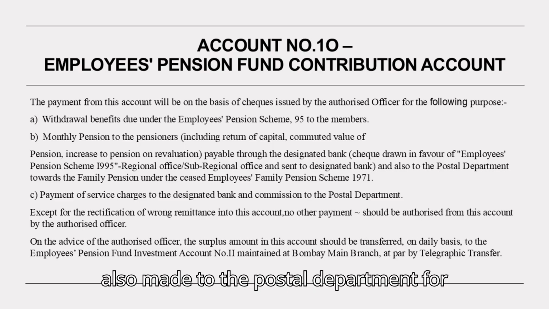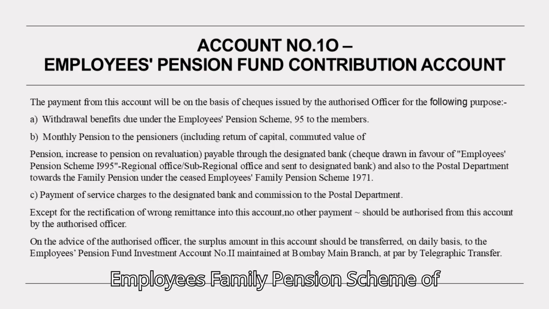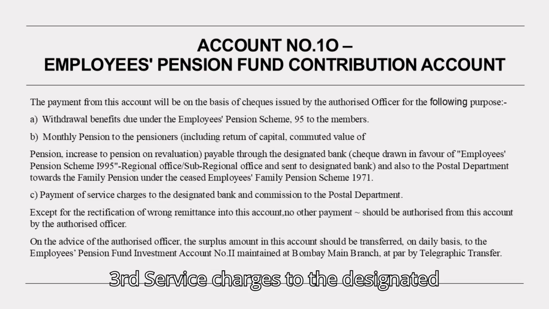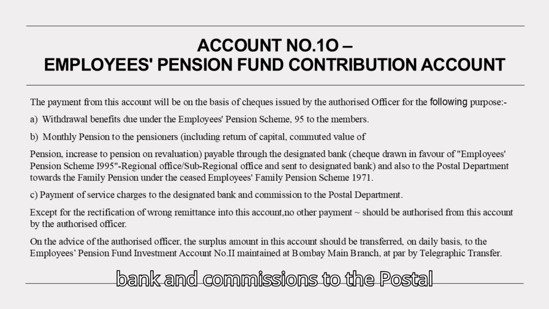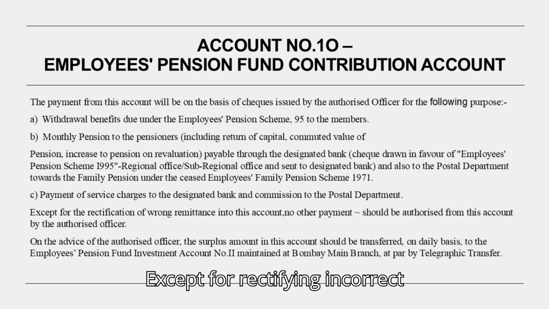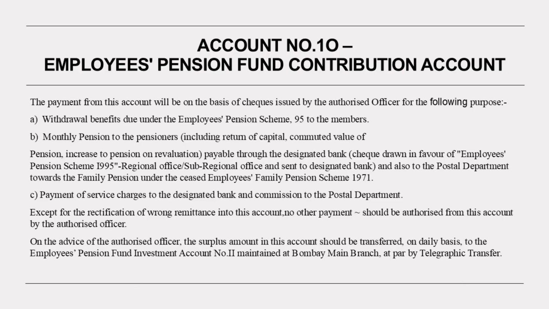Payments are also made to the Postal Department for family pensions under the erstwhile Employees Family Pension Scheme of 1971. Third, service charges to the designated bank and commissions to the Postal Department are paid from this account. Except for rectifying incorrect remittances, no other payments should be authorized from this account.